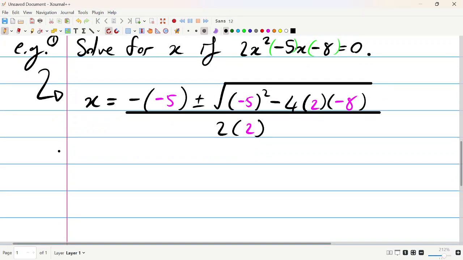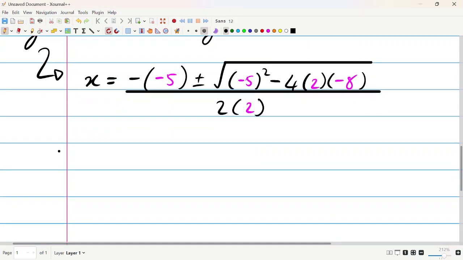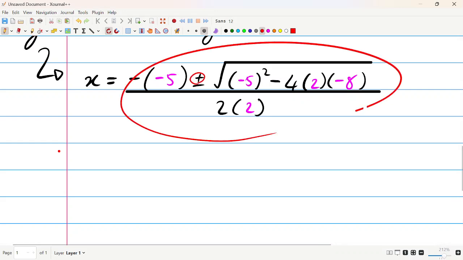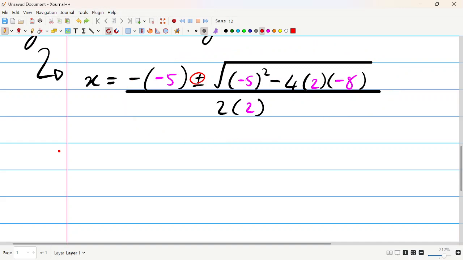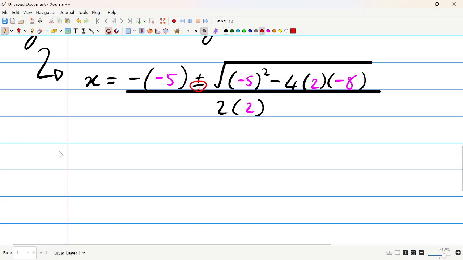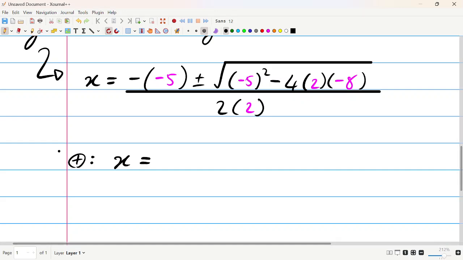So now notice that this is broken up into a point where you can say plus. This is where the expression is where you can say first plus all of this stuff, and then you'll say minus for the next x value. So when we are working with the plus version, our x value is going to be equal to what? And when we are working with the negative version, what is our x value going to be for that one?